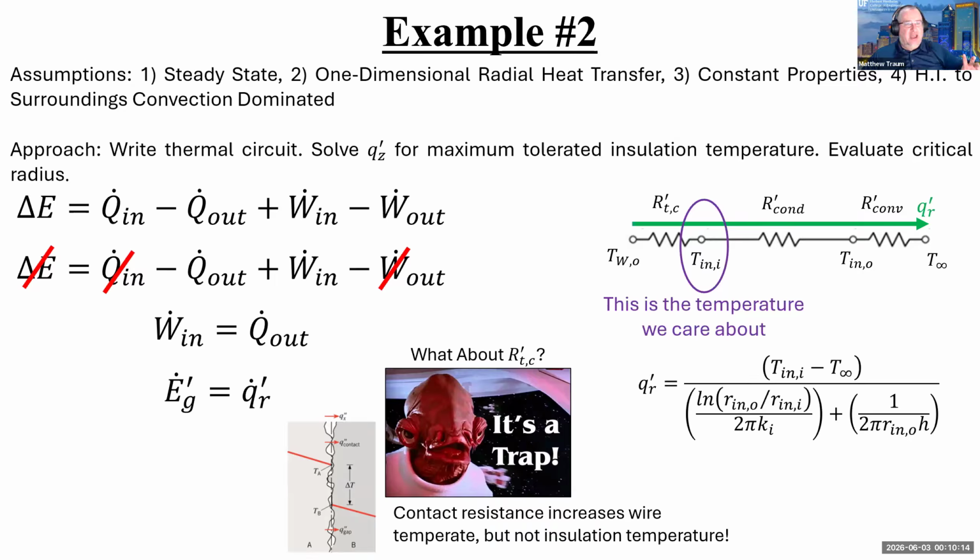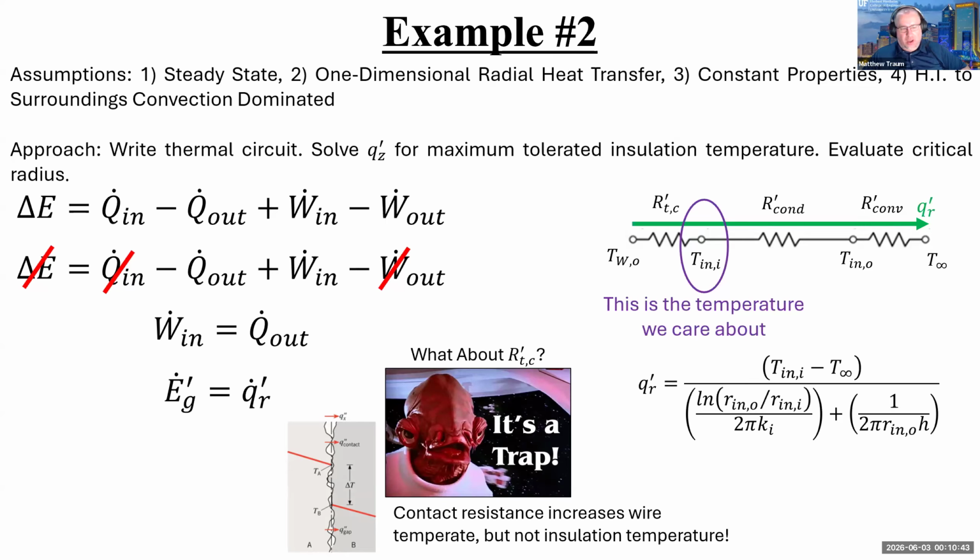In this case, I'm in steady state, so I have no change in internal energy for my wire, no energy stored, right? So that term is zero. I have no heat entering, so this term goes away. I have no work leaving, right? So this term goes away. I'm definitely conducting heat out. So this term stays, right? The negative sign is there because it's leaving.